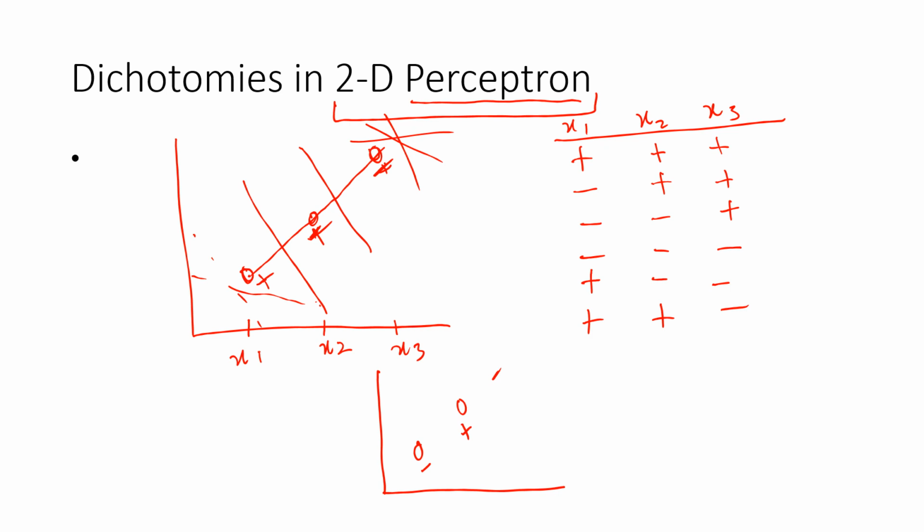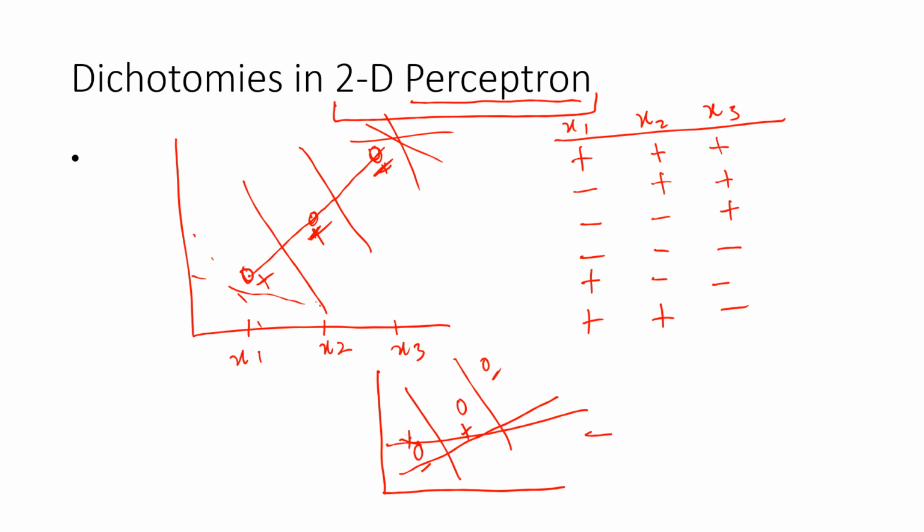Now, think about it. Can a perceptron implement this dichotomy? Well, let's try. Can I have a straight line that segregates the plus and the minus? If I draw a line somewhere here with whatever slope, I don't care, then this will not be correctly implemented, right? If I have a line here, then a point here will not be correctly classified, and so on. If I try to get something like this, one of the points will not be classified correctly, right?